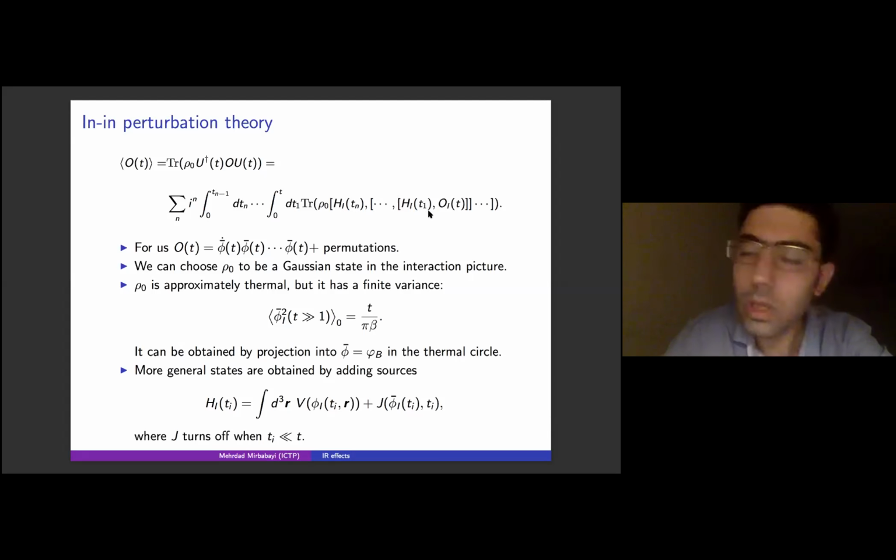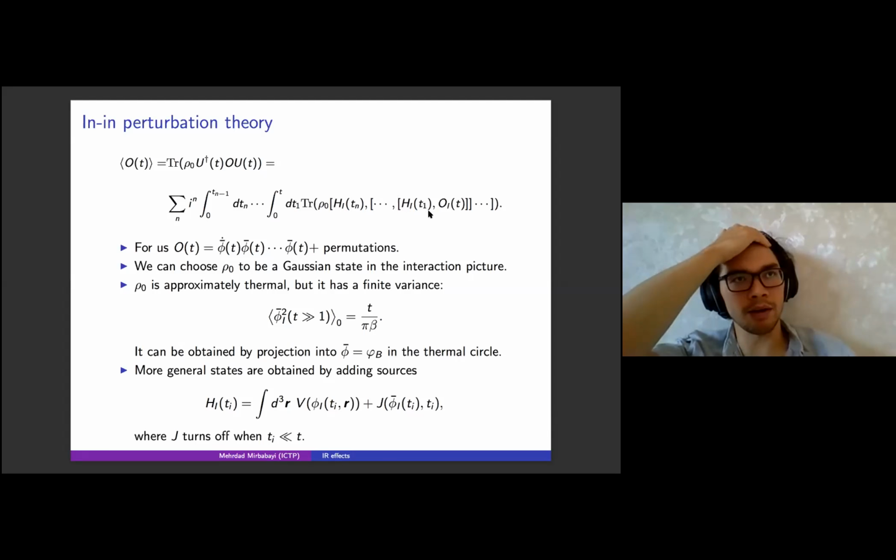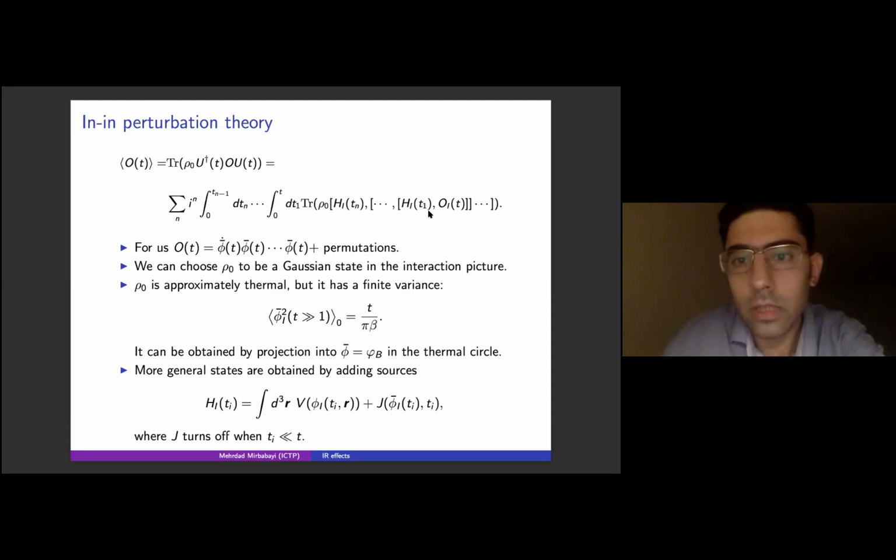Yeah, I guess I was confused about how you get around it or where you regulate this if you needed to. Oh, but well, I don't calculate them. That's exactly the point. This needs to be taken into account non-perturbatively. So the point is that there is only a single IR degree of freedom that is relevant, which is essentially this phi bar, and everything else has short range interaction.